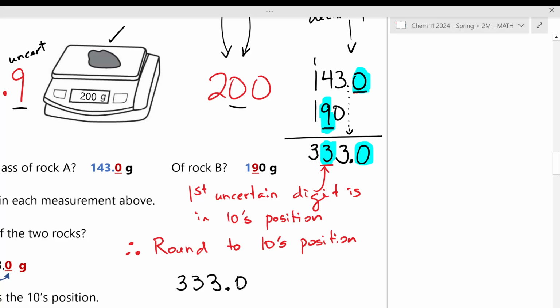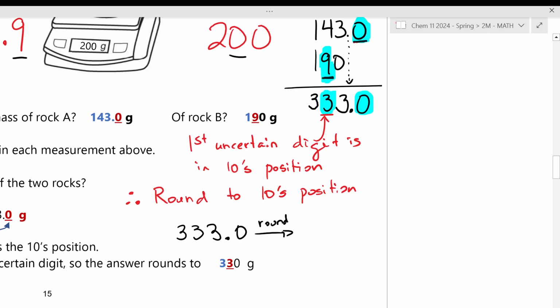And do you remember when we round, we don't write an equal sign? What do we write? An arrow. Okay, so we're going to round. Tell your partner what you get if you round that to the tens position. Because it's right at 33, you gotta round it down.